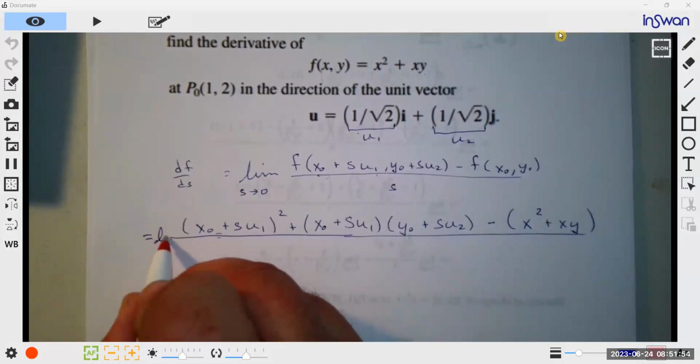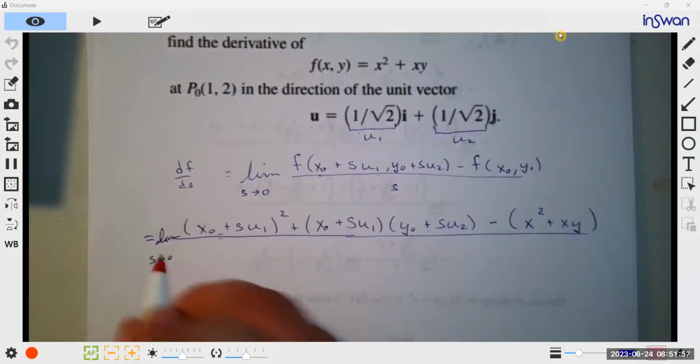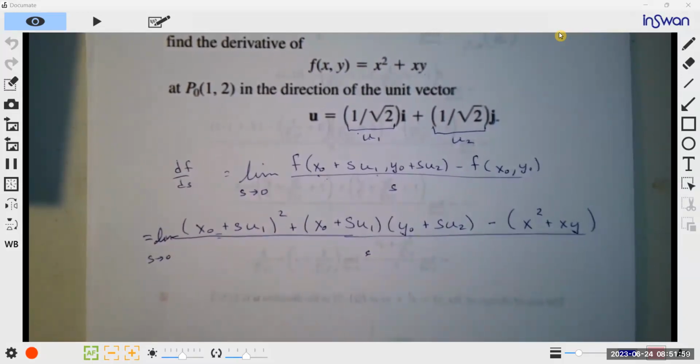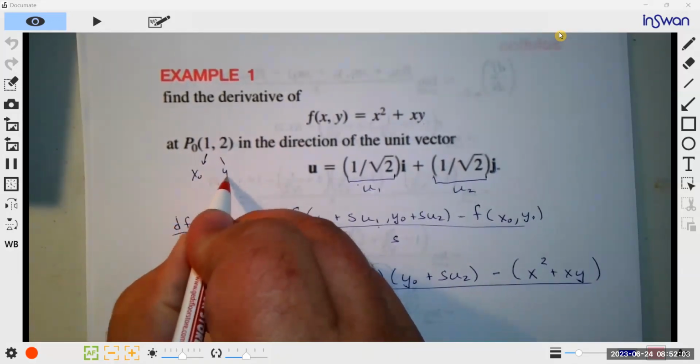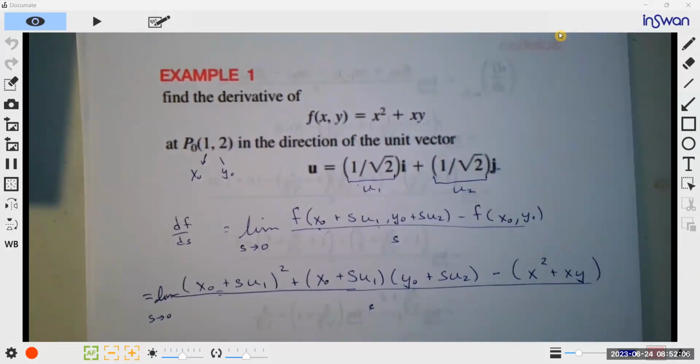So the limit as s approaches 0. Now, this is our x sub 0, y sub 0, and that's u1, u2. So let's plug those in there.